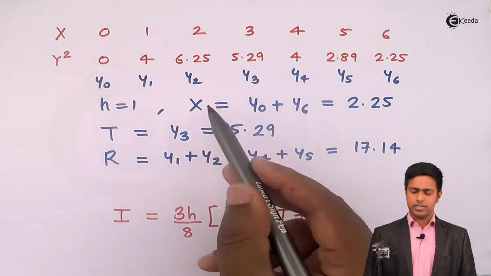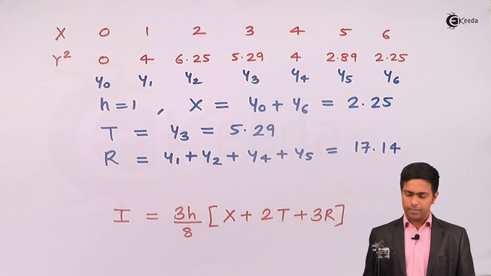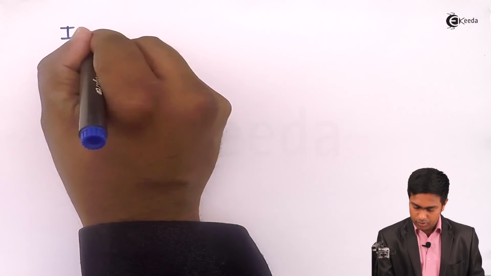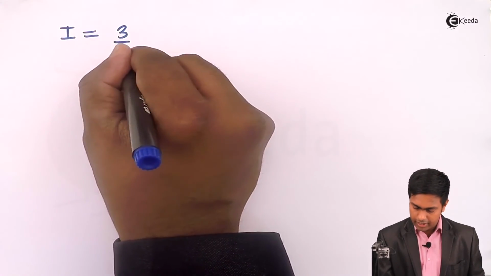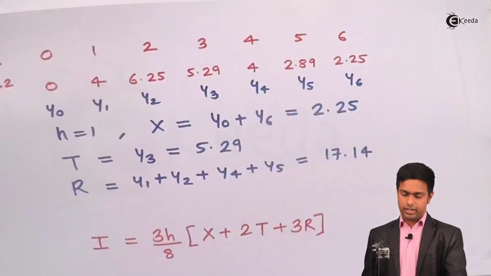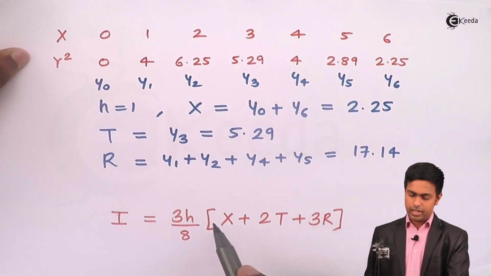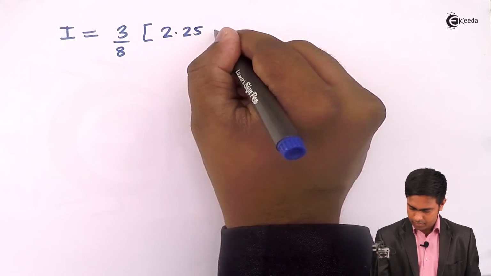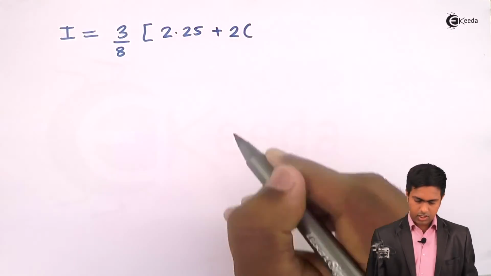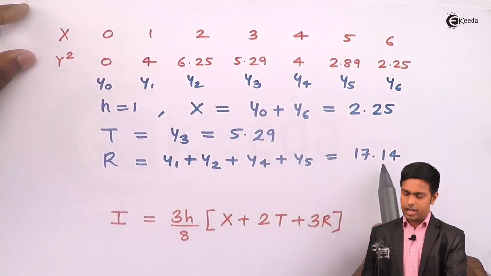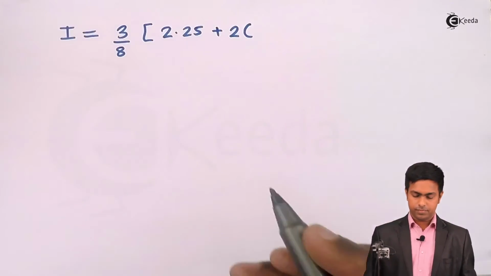Now we'll put these 3 values in the formula. We'll get I equal to 3 by 8, h is 1, next X plus 2T plus 3R, where X is 2.25 plus 2 times T, T being 5.29, and R is 17.14.